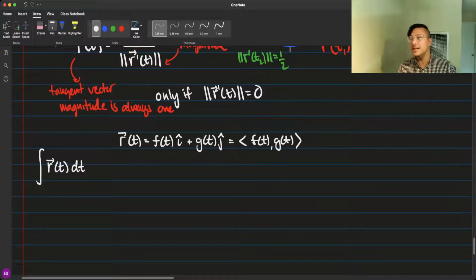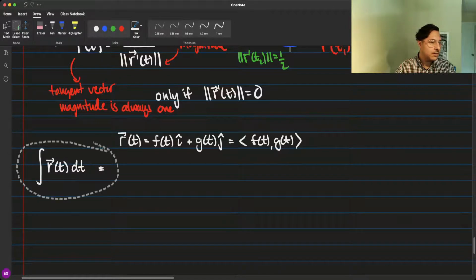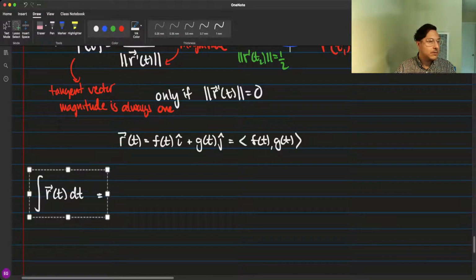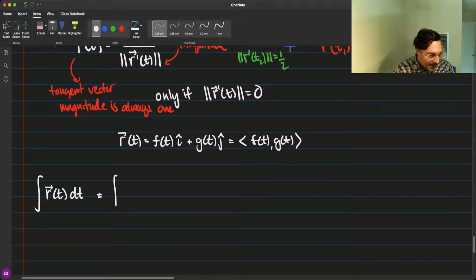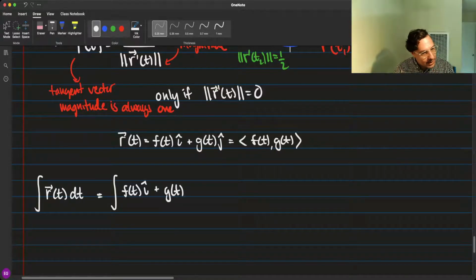Okay, so what does it mean to integrate this thing, or do an indefinite integral? Well, actually, let's move this down. There we go. Okay, so that's the same as integrating f of t i plus g of t j.